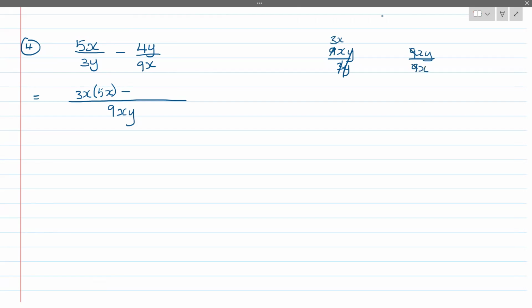The 9's will cancel, the x will cancel, and it'll remain with a y. So I'm going to get y by 4y. And that's going to give me 3 by 5 is 15. x by x is going to give me x squared minus y by 4y would give me 4y squared all over 9xy. And that's how we do a question like that. Yeah?